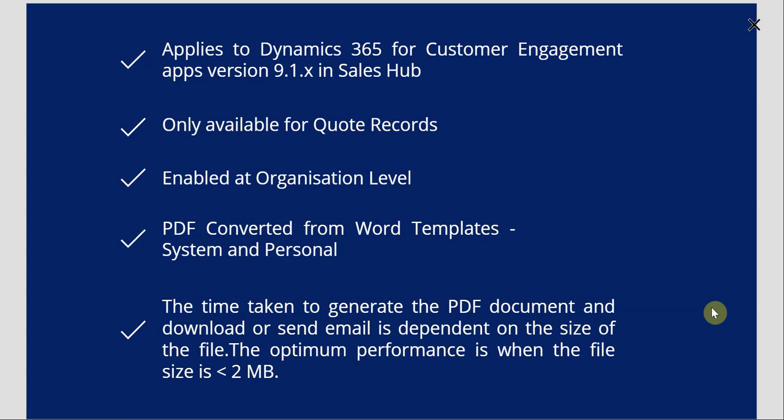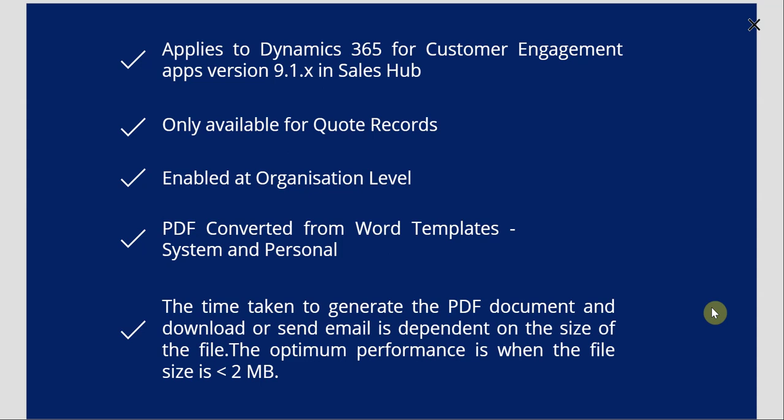I don't think a quote will be bigger than 2 meg unless you have added a lot of other attachments to the quote and created your own personal template. The out of the box system quote template is probably just a page or two, if I'm not wrong. Yep, I think it's just a page. Any file bigger than that will require more time to be generated.